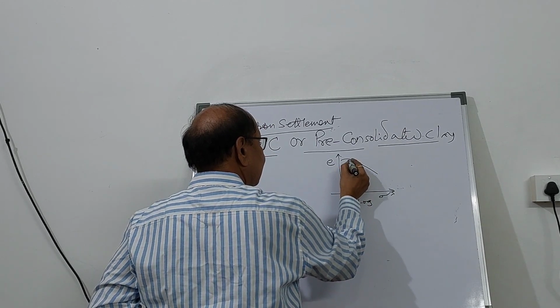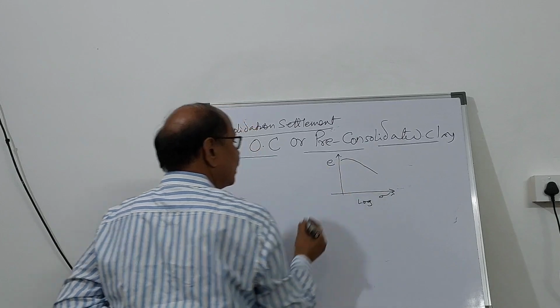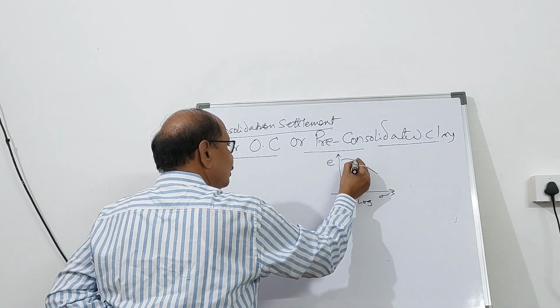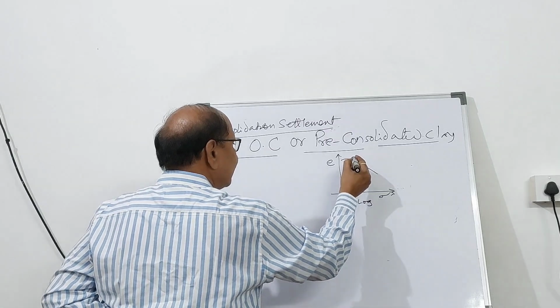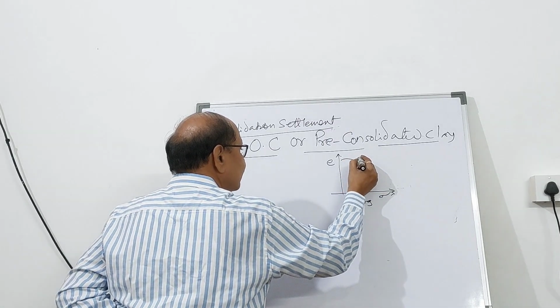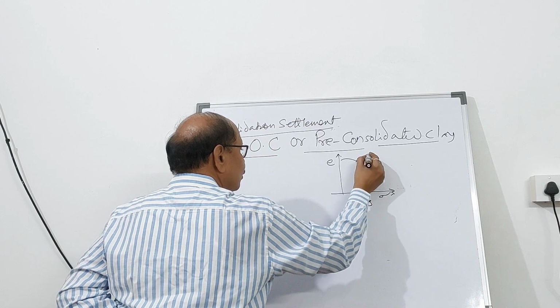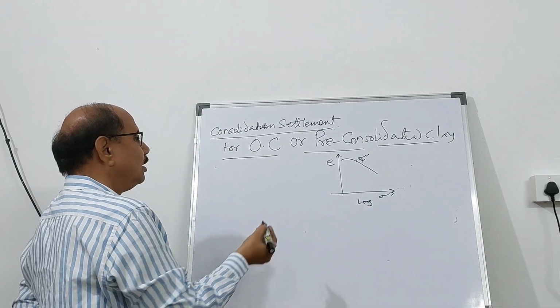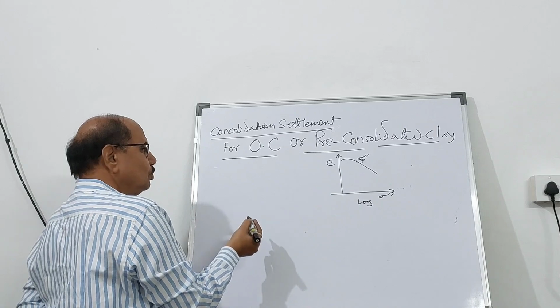So here you know that it becomes curvilinear. That means up to a certain range there is going to be pre-consolidation, and you can always find out the pre-consolidation pressure. The technique of finding it out is already known to you.